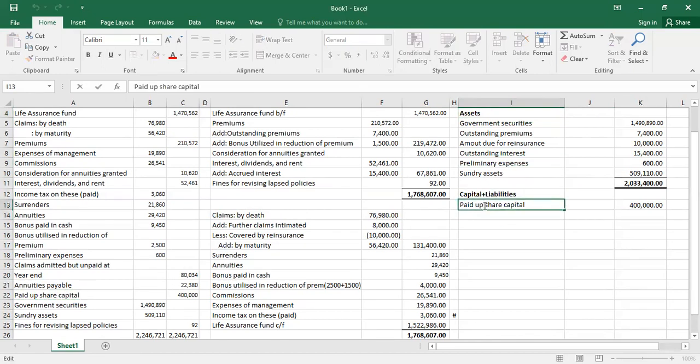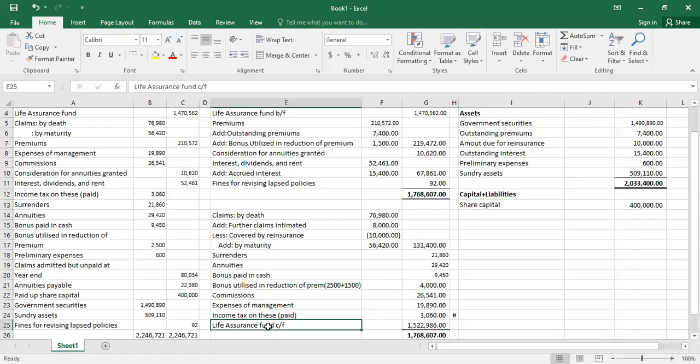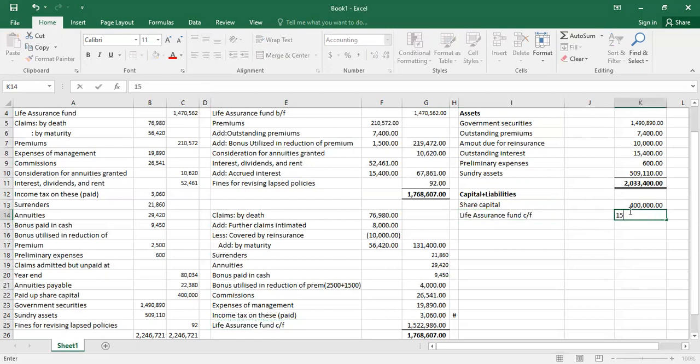Just say share capital. Let me remove the paid up. So share capital. Then from there, I have my life assurance fund. Remember, this is the figure that we were looking for when we were preparing the revenue account, 1,522,986.